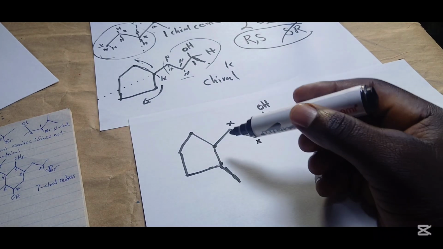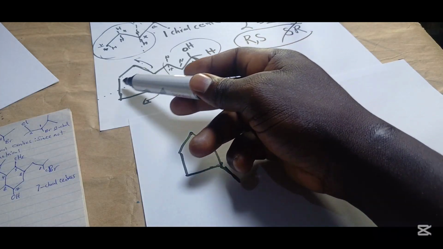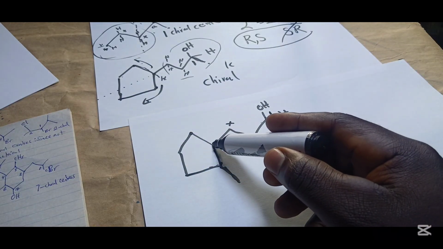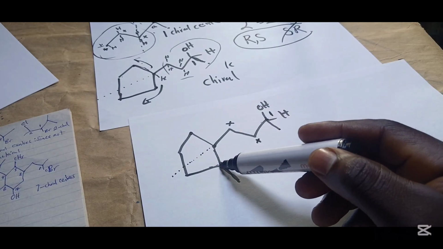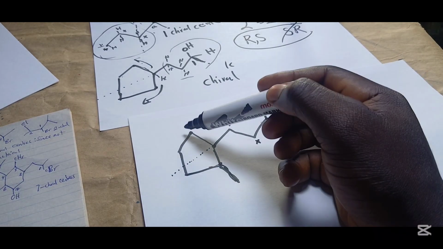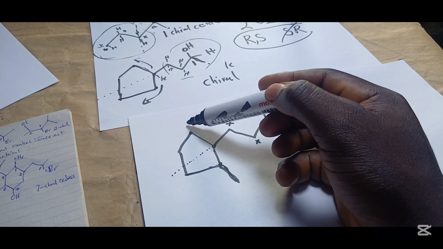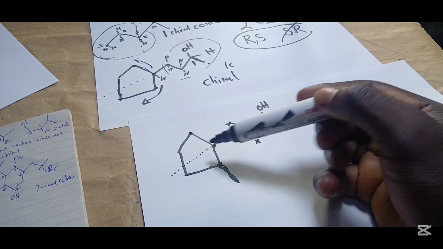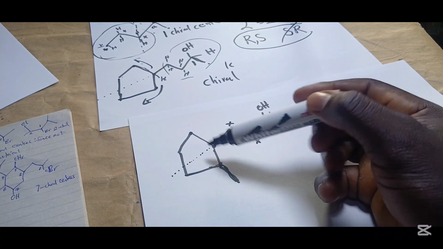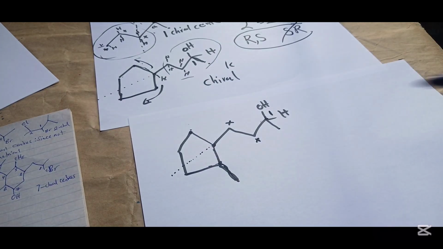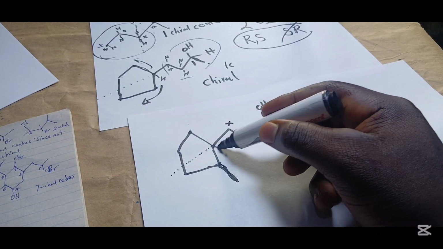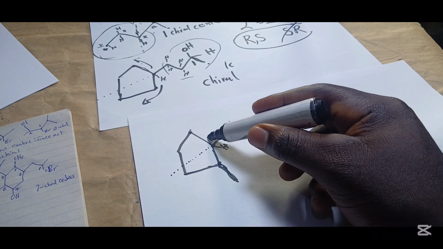So definitely, if we apply the line of symmetry idea here, let's try dividing the other part of the molecule into 2. You will see that we have a carbon here with a substituent, but this carbon has no substituent, right? So definitely, this carbon here is different from this carbon. So they are different groups, making this carbon here a chiral carbon.